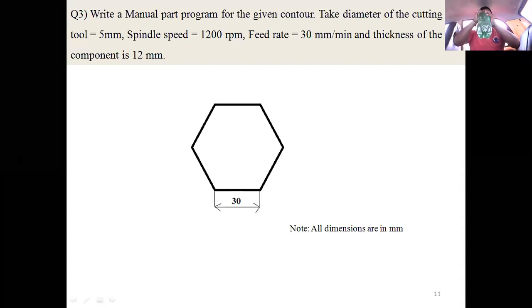Yes, sir. Tell me, what is the next step you want to do, ma? Sir, this is the first class, sir. First class, okay. Yes, Karthik E. Yes, sir.